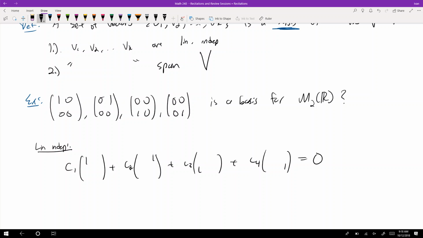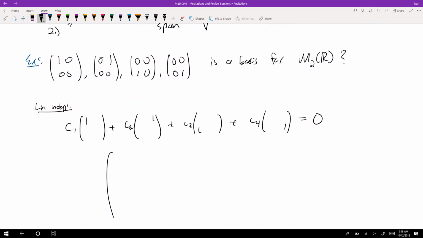Right? So that's still what we're trying to solve. And we're still trying to solve for C1, C2, C3, and C4. All right, so now we need to put it in some big matrix. And then we have our vector of unknowns, and that's equal to the 0 vector.